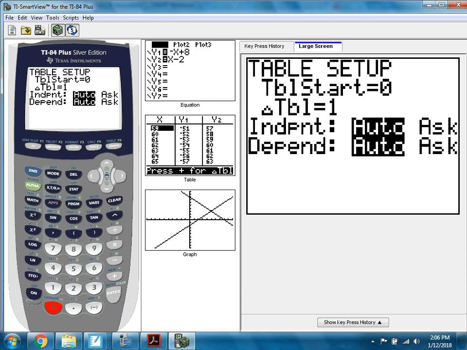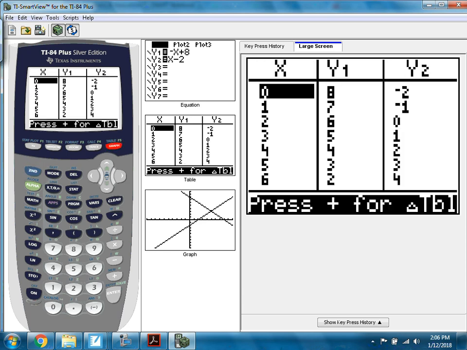So you can set your table to start at any value and to go up by any value. So now when you go to your table, which is again second graph, you can show the ordered pairs for all of the equations that you have entered. So, for example, when x is 0, y1 is 8, and y2 is -2.